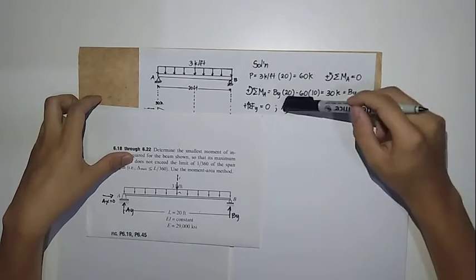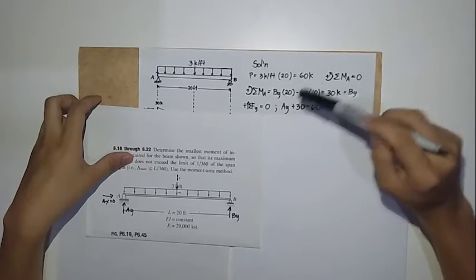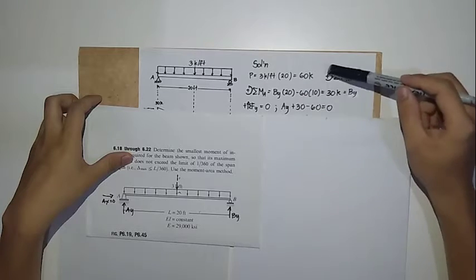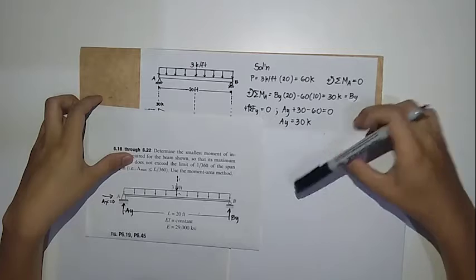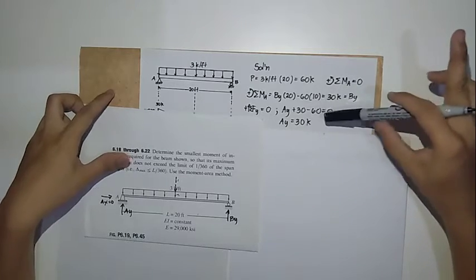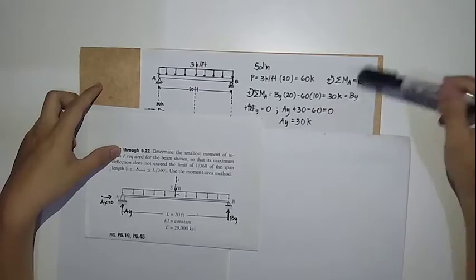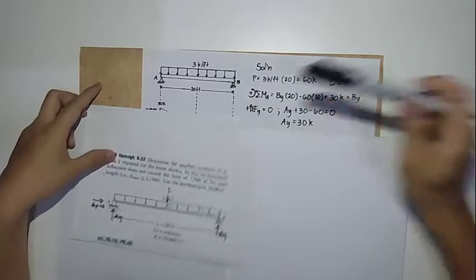So, ang AY ay ang hinahanap natin, plus BY which is 30. Ito, pataas. At minus 60 because pababa. So, equals to 0. So, ngayon, meron na tayong AY na 30 kips. So, napansin mo na ang AY at saka BY ay kaparehas lamang. Kasi, napansin mo dahil ito ay uniformly distributed load.